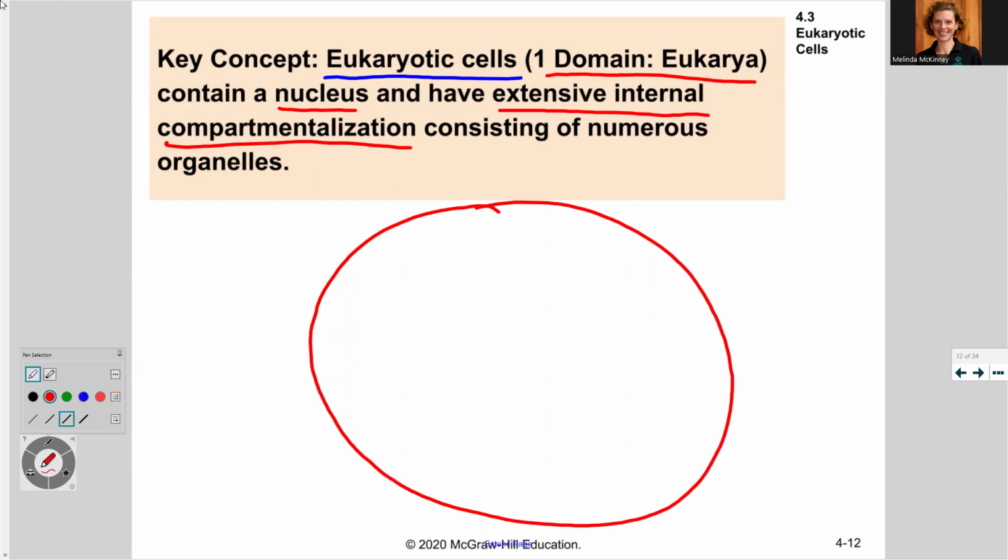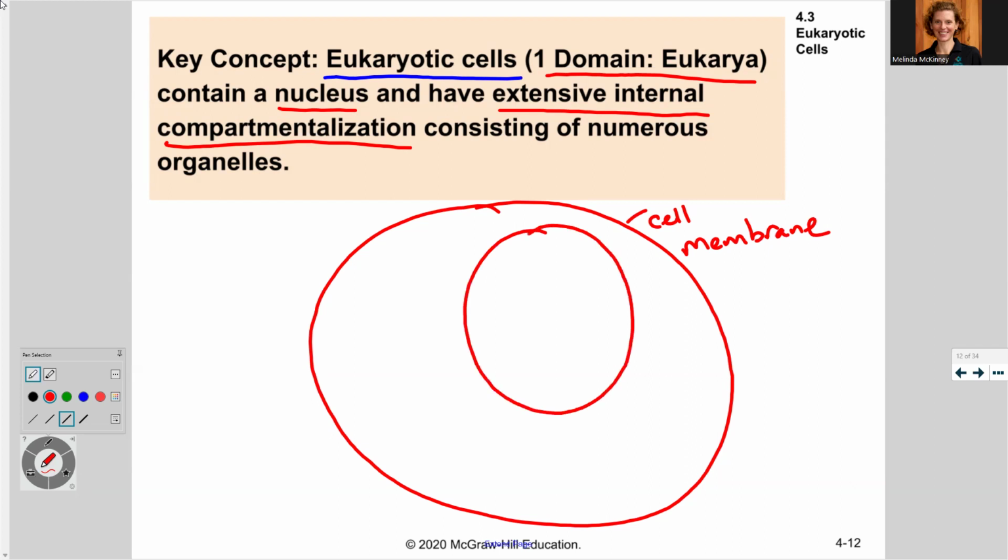So outside, what I'm drawing here when I draw a cell, this is always the cell membrane. So again, every cell has a cell membrane. That's what I'm drawing on the outside. And then here, every eukaryotic cell also has a nucleus. So a nucleus is also a membrane inside, it's a sphere, and inside the nucleus is where you're going to find your DNA.